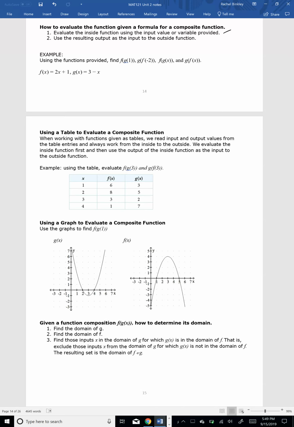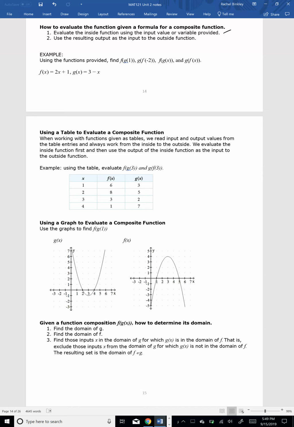So what we're doing now is going to be a lot easier because we're actually being given numbers for this. Eventually, if you remember from pre-calculus, we will get into literally putting a function into another function. So let's just use these 2 functions and do f of g of 1.